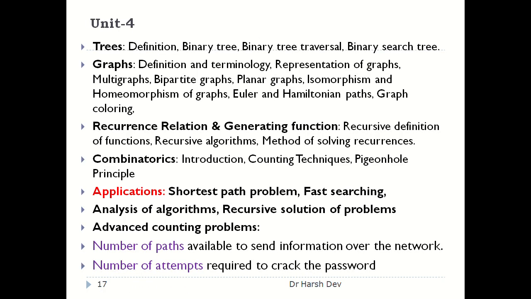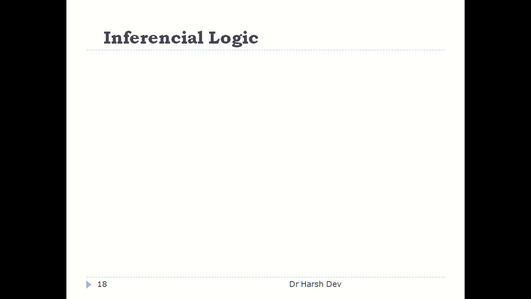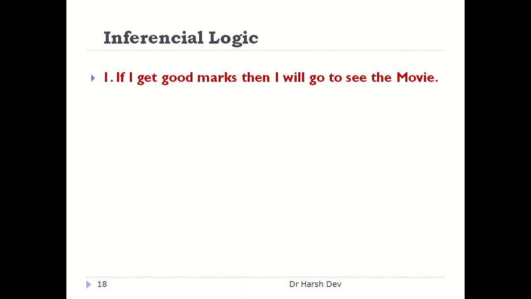So this was all about the subjects, but I will be starting with the first thing about this subject, that is called inferential logic, and mathematical logic. So let us understand what is inferential logic. Suppose I write a statement to say that if I get good marks, then I will go to see the movie.